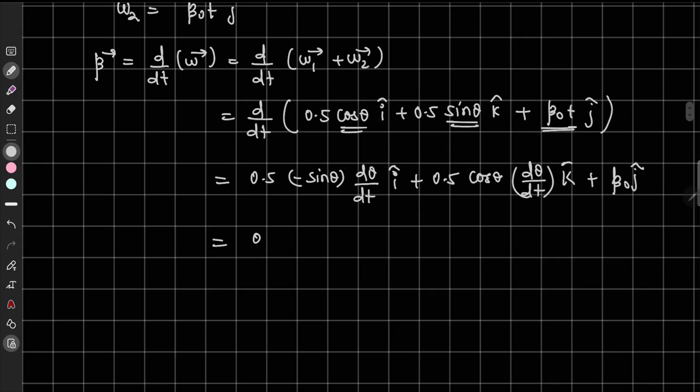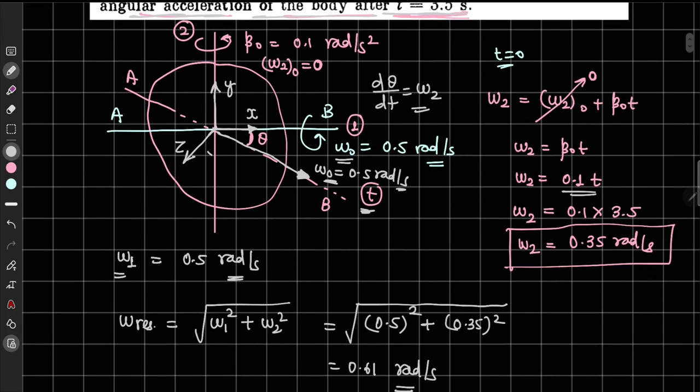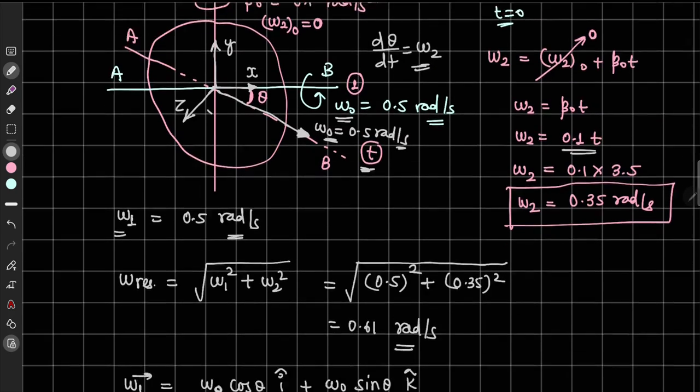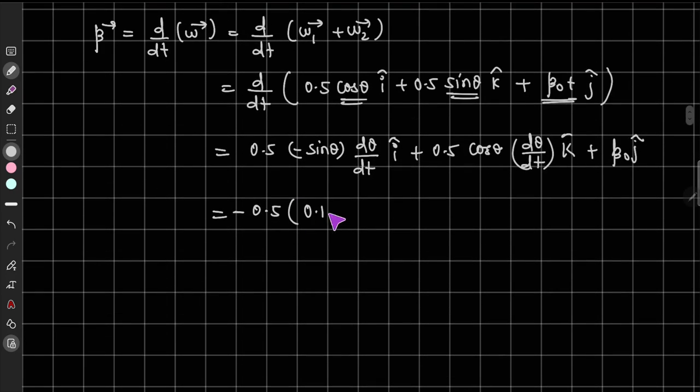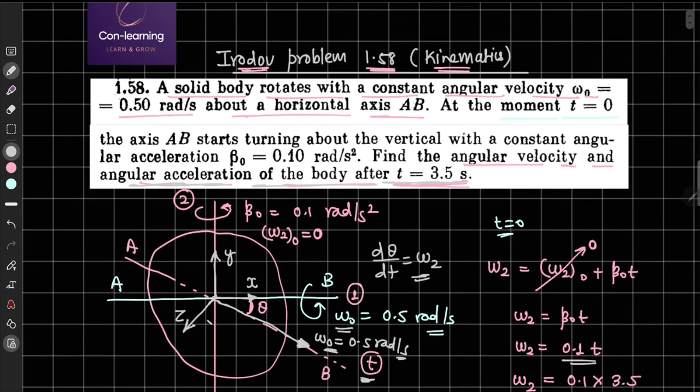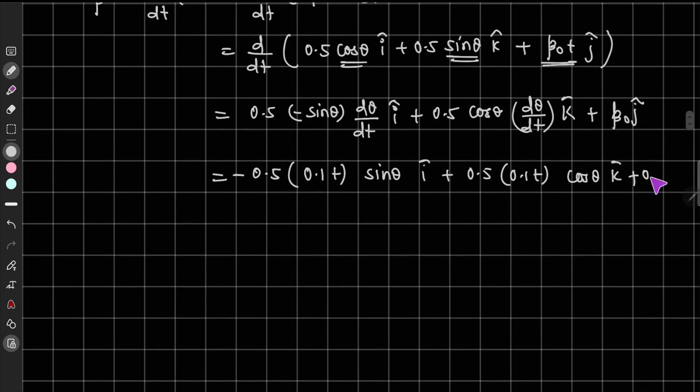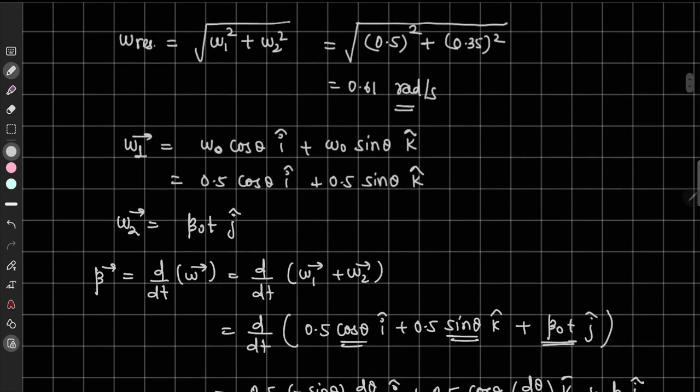So we will get minus 0.5 into d theta by dt, where d theta by dt is omega 2, that is 0.1 t. So we can write 0.1 t into sin theta i cap plus 0.5 into 0.1 t into cos theta k cap plus beta naught, which is equal to 0.1, so that is 0.1 j cap. So now we have to find the angular acceleration at the time instant of t equal to 3.5 seconds.